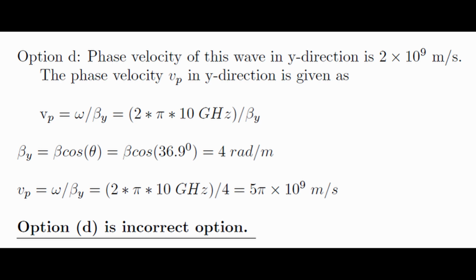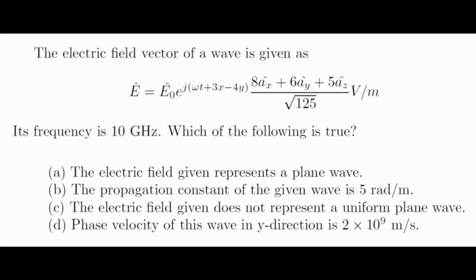Hence option D is incorrect. In this multiple select question example, options A and B are correct, whereas options C and D are incorrect. Hence if you mark A and B, then you will get the full marks. Otherwise you will not get any marks. Even if you mark A or B as the correct option with leaving one of the options, you will not get any marks. However, there is no negative marking in multiple select question.